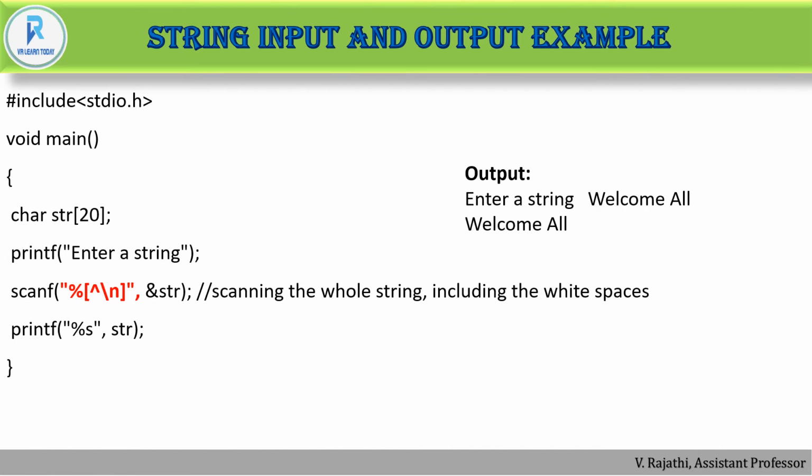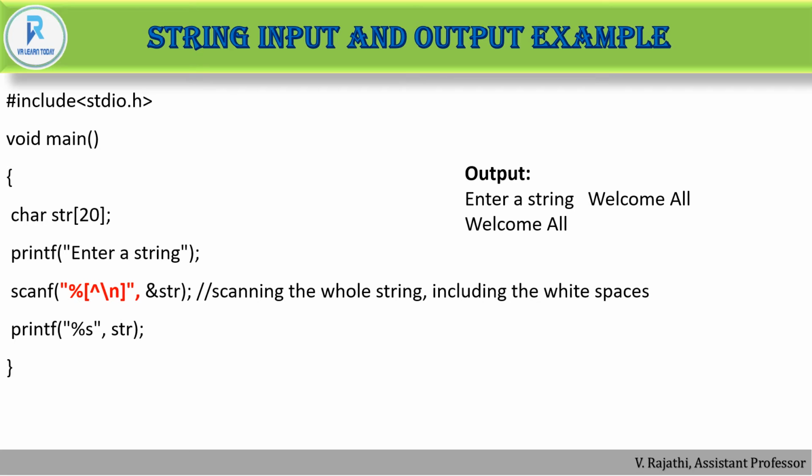So let's see the example one by one. First the main function and then the declaration part, and we are getting the string from the user and reading the characters using the scanf function. Please note this: instead of %d, I am using %, and inside the square bracket I am using ^\n.